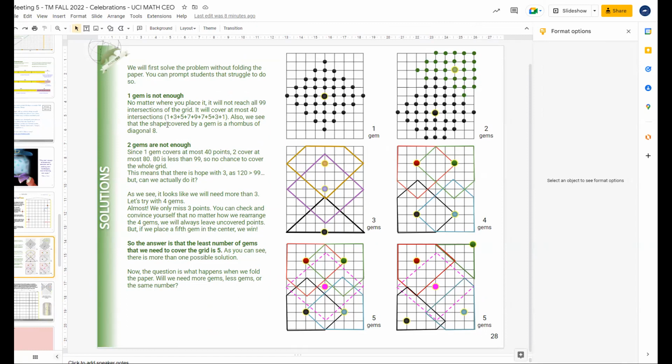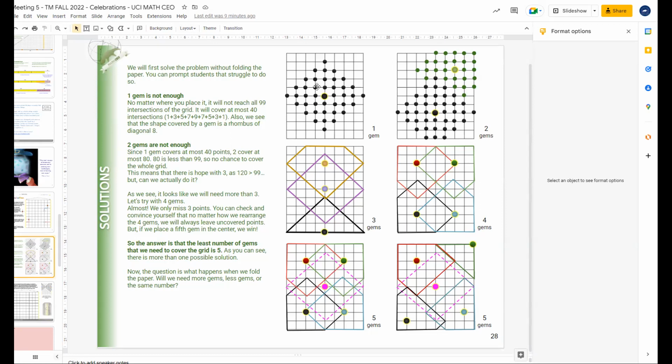We already talked about this new distance, and then we're folding, and then we're covering with the least number of gems. There are too many things going on. So let's go step by step, and let's just forget that we're in a lantern. Okay, no folding.